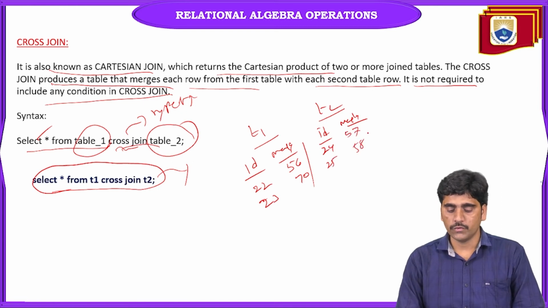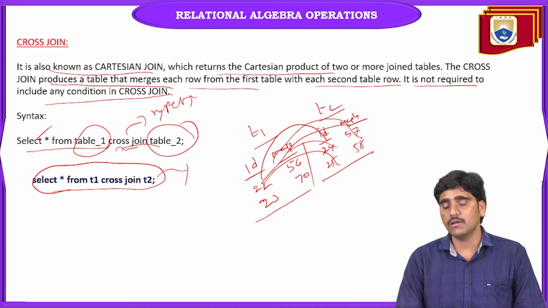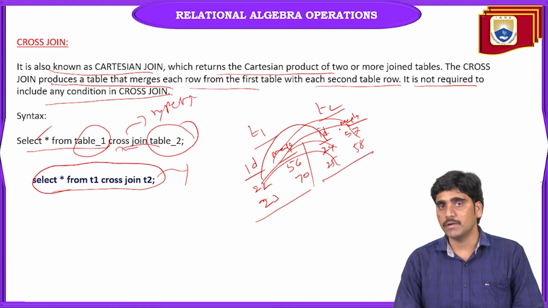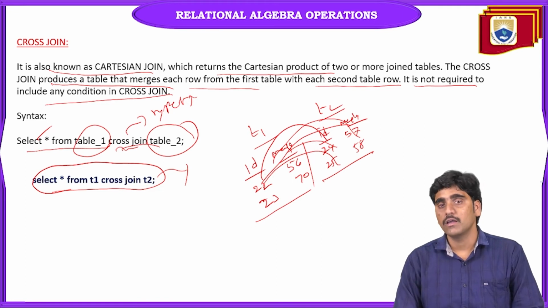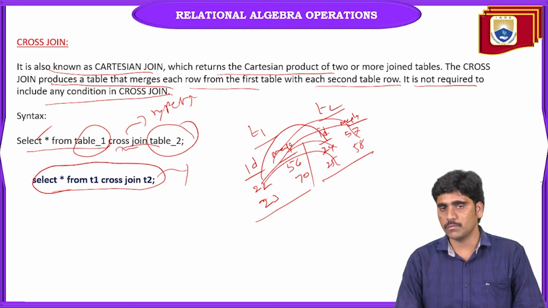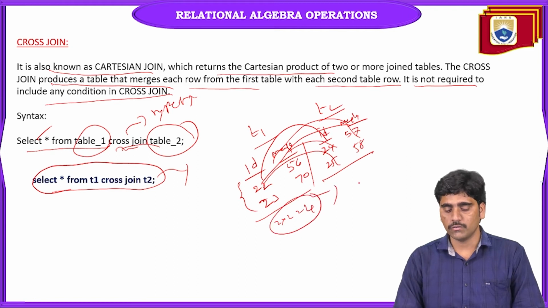Now if you apply cross join on these two tables, it displays id merged with id, id merged with marks, similarly marks merged with id, marks merged with marks. So each row from table 1 is merged with each row from table 2. So you can say 2 into 2, you will get 4 values.